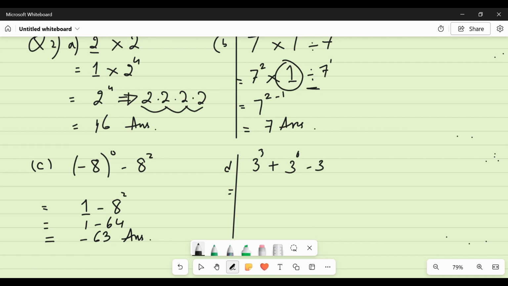As we know, this 3 to the power cube will come as it is, plus sign, and this whole part converts into 1 minus 3. So 3 cubed gives you 27, plus 1 minus 3. The final answer is 25. Okay, this is the answer.